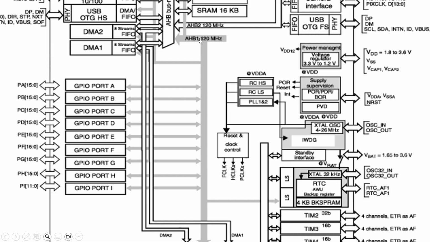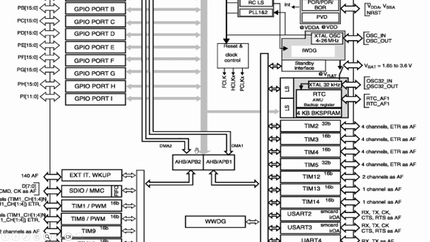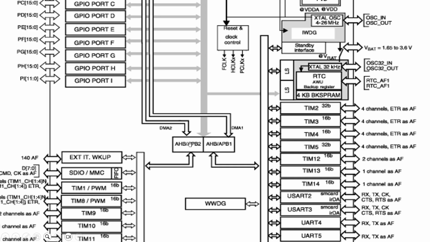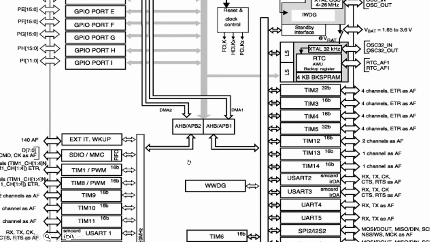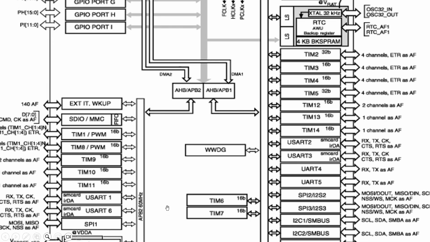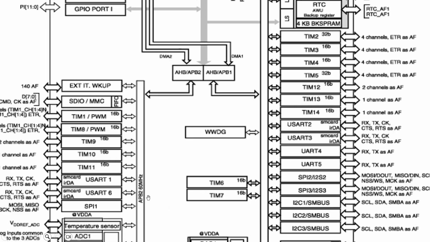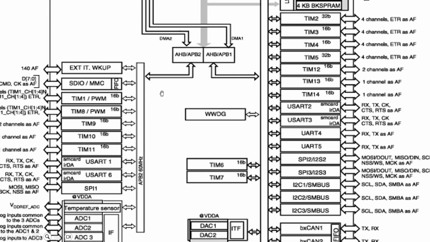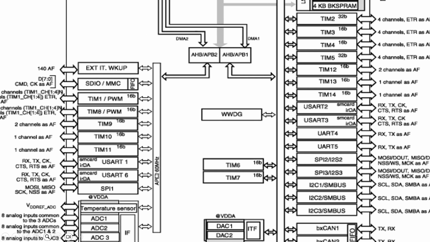Yes, sir. So further the AHB bus is dividing into two parts: the APB1 and APB2 buses. Definitely the frequency will also be reduced. What are the peripherals connected on the APB2 bus?